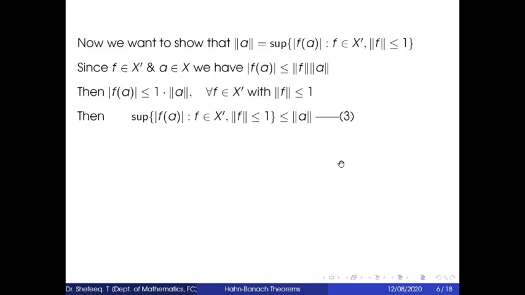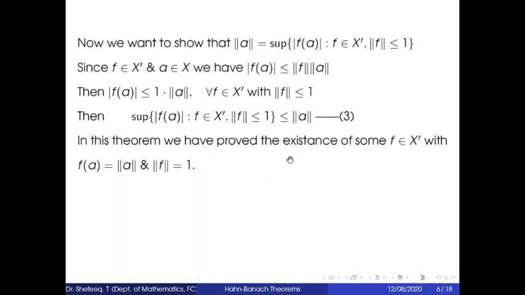Also we have just proved that there exists some f belongs to x dash with f of a equal to norm a and norm f equal to 1. That is, norm a belongs to this set, the set of all mod f of a such that f belongs to x dash and norm f less than or equal to 1. Since f of a equals norm a, modulus f of a is equal to norm a, and also norm f equals 1.